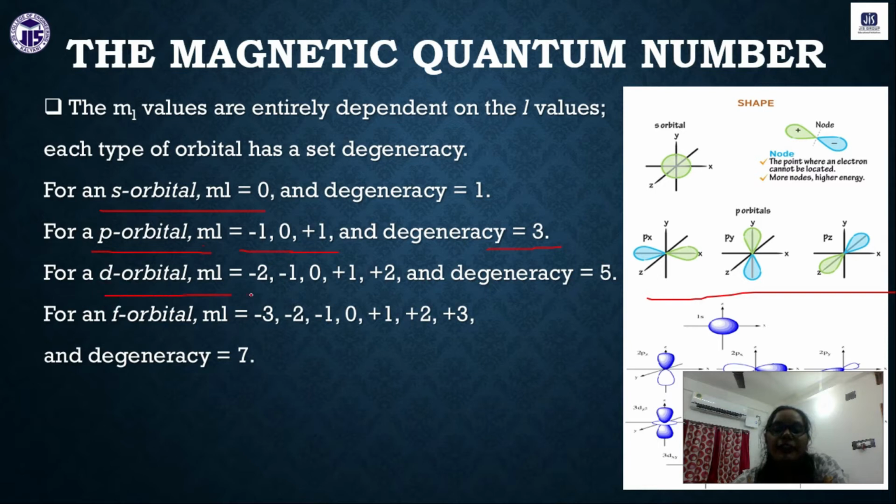For 5 d orbitals, 5 degenerate levels we are getting, that is dxy, dyz, dxz, dx square minus y square and dz square. These are the 5 level orientations that we will get. Same as for the f orbital also, we are getting the 7 levels, 7 orientations. Okay, so this magnetic quantum number is totally dependent on the azimuthal quantum number.